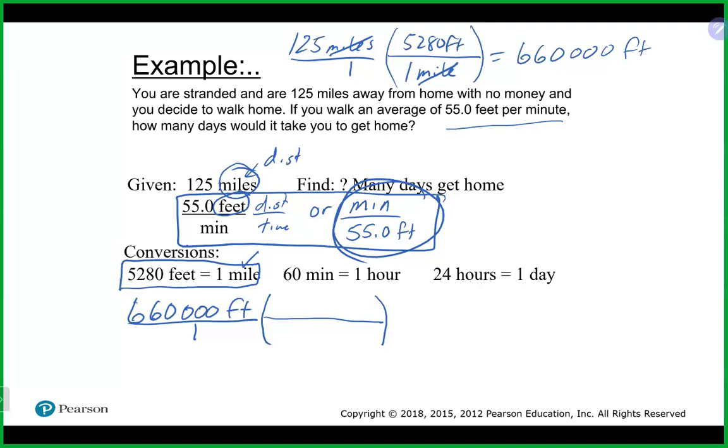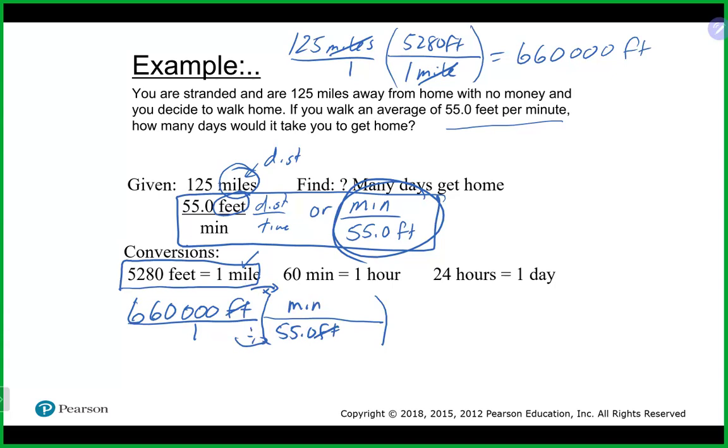Feet needs to go in the opposite location. So we got 55 feet per minute. Once again, multiplying the top, dividing the bottom, will get rid of the feet. And right there, by using that conversion factor that was given to us in the problem, we have now gone from distance to time, which ultimately is what we want, because we want to know how many days, which is a unit of time.